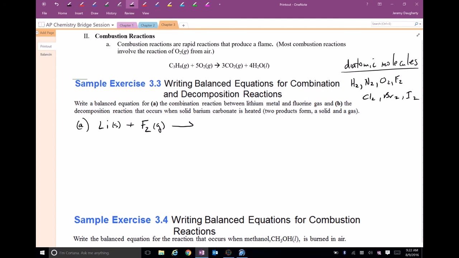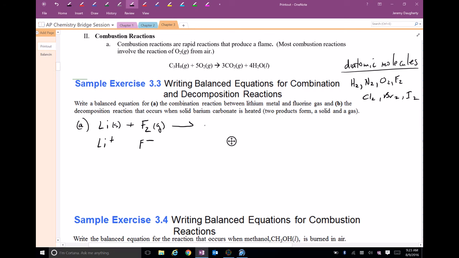So we name these metal, non-metal, -ide. They combine according to their charges. So what is the typical charge of a lithium ion? Lithium ion is usually +1. What's the typical charge of a fluoride? It's -1. So what's the formula for lithium and fluoride getting together?